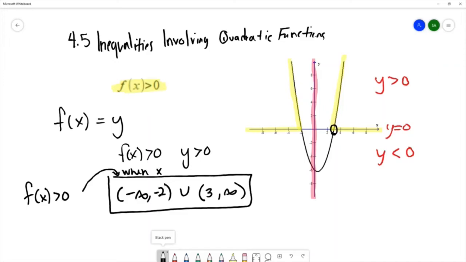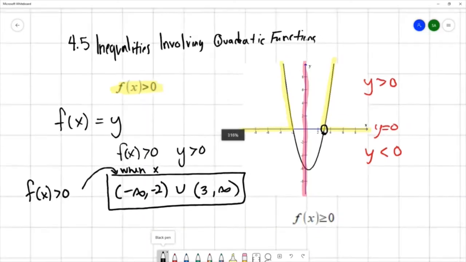So when x is from -infinity to 2 or 3 to infinity, that's when we get y values that are greater than 0. Okay, so I'm going to add this part in.